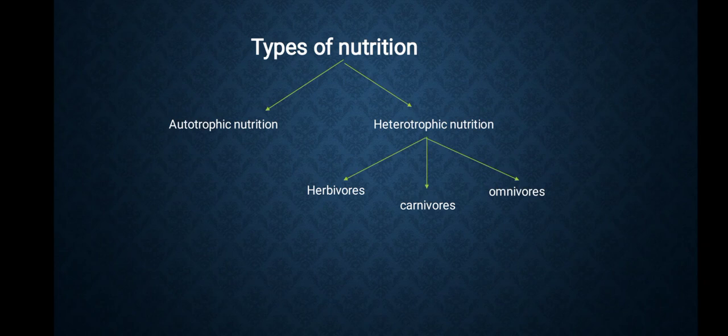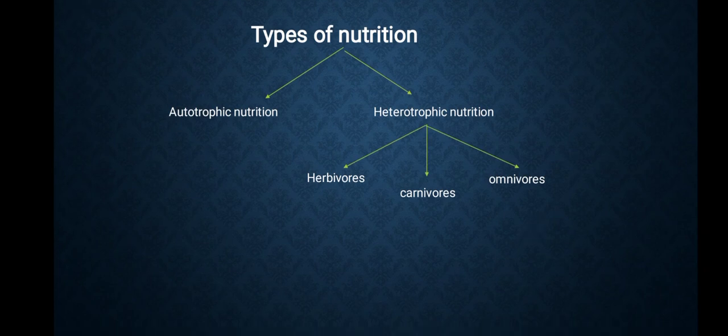Whom do we call omnivores? Animals that eat both plants and the flesh of other animals. Can anyone give an example of omnivorous? Man. Anything else? Pig. Cow. Dog.